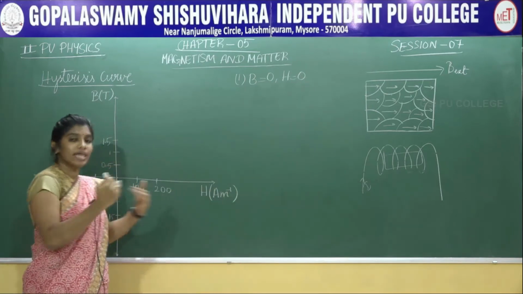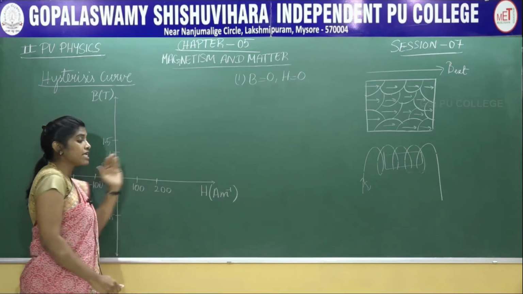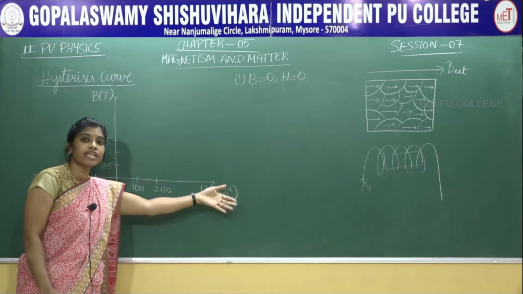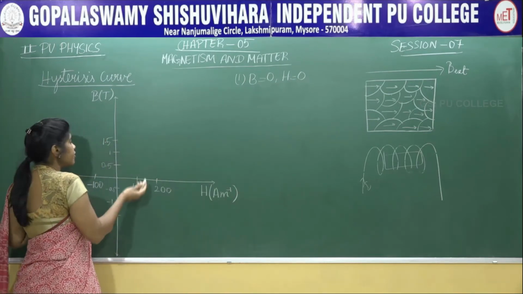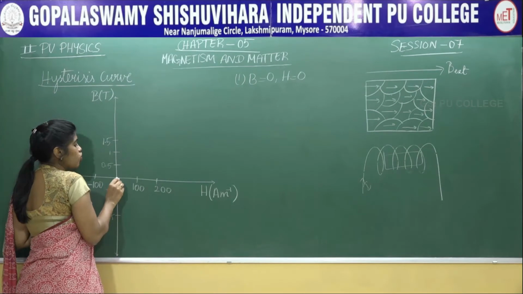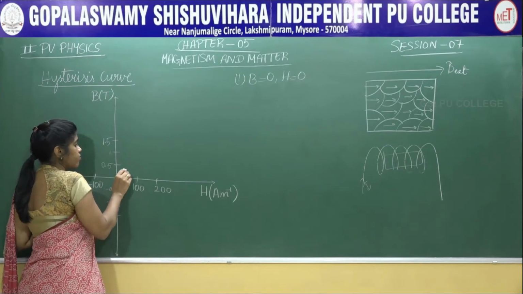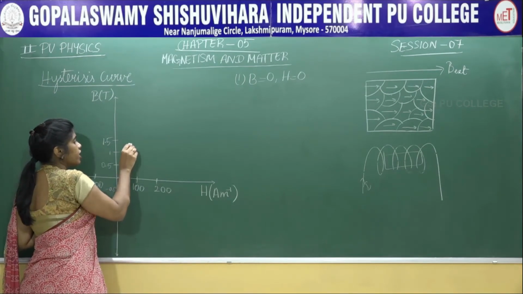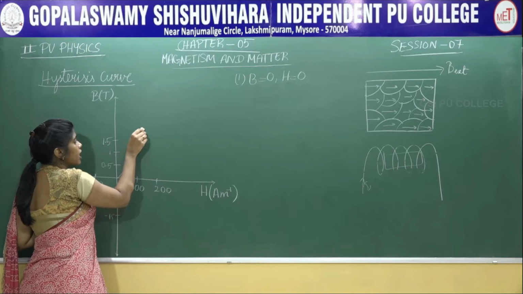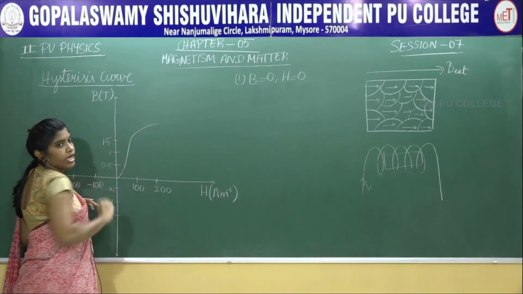Now I increase the magnetizing force, the magnetic intensity H. As current increases, the magnetic field also increases, and it saturates.